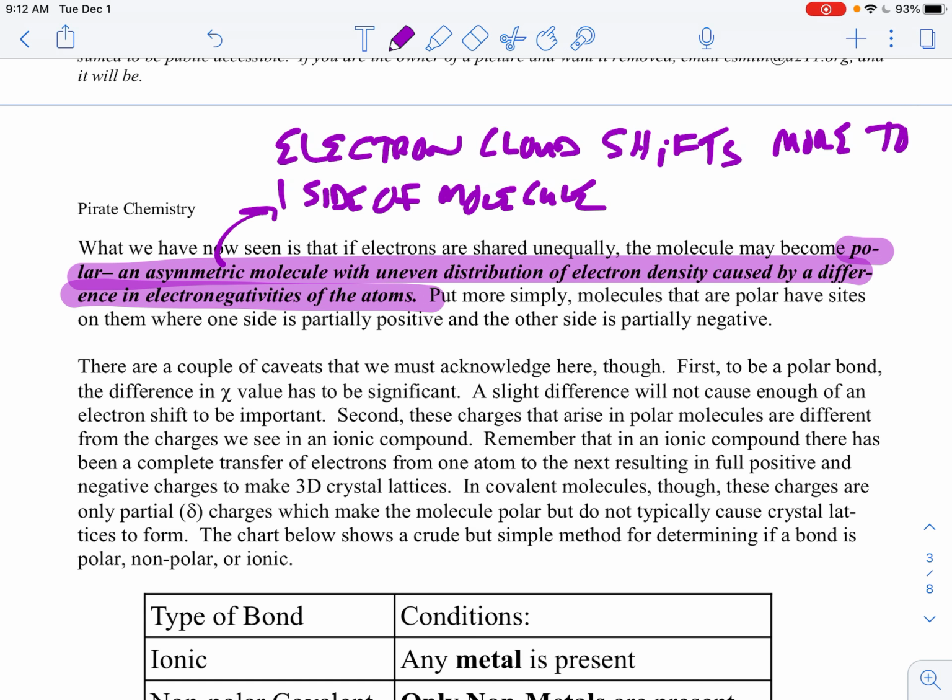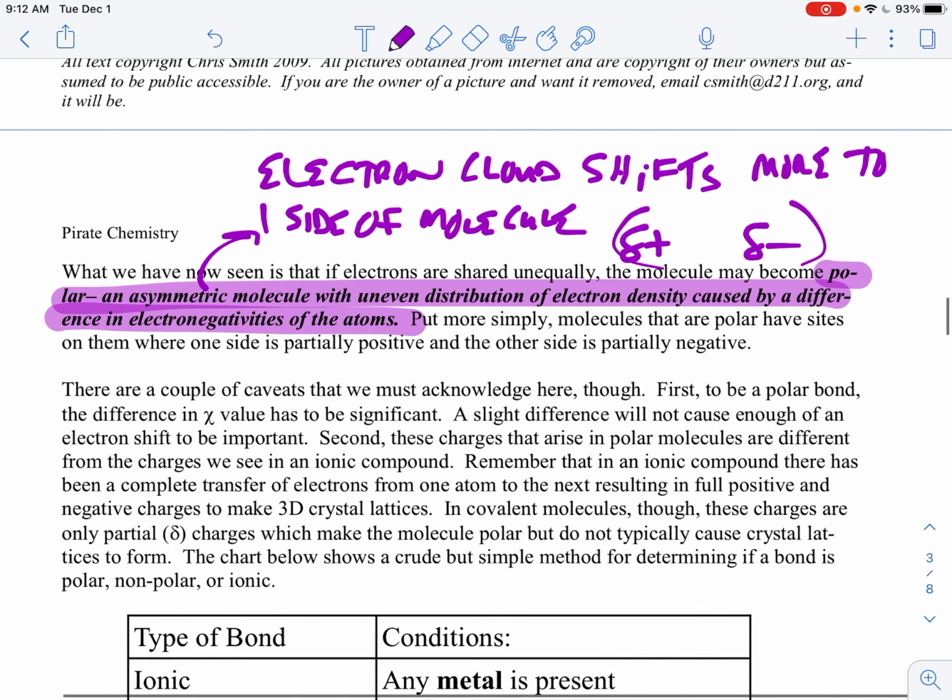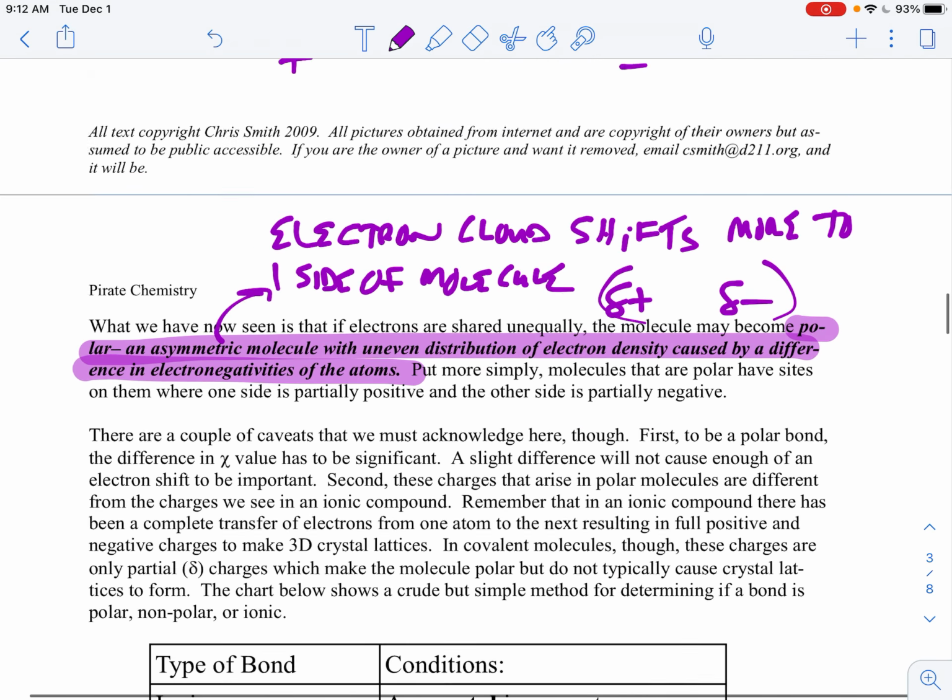And if that's the case, then one side of the molecule is going to end up being partially negative, and the other side of the molecule is going to end up being partially positive. So there's not an even distribution of the electrons.